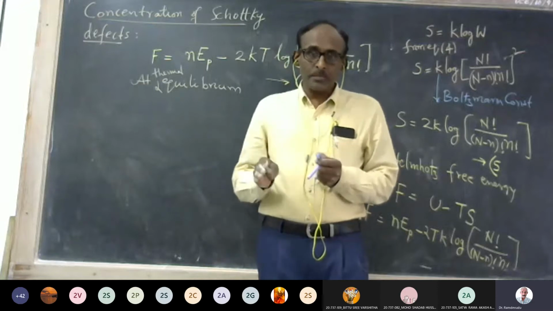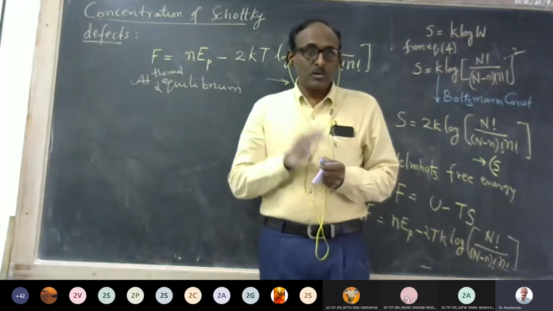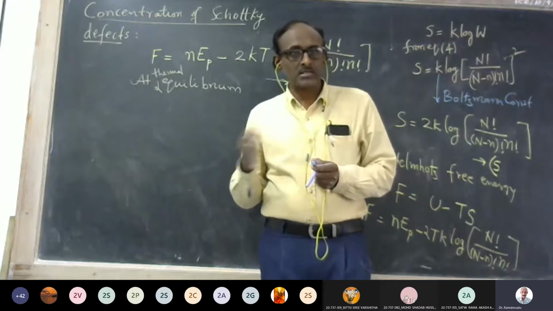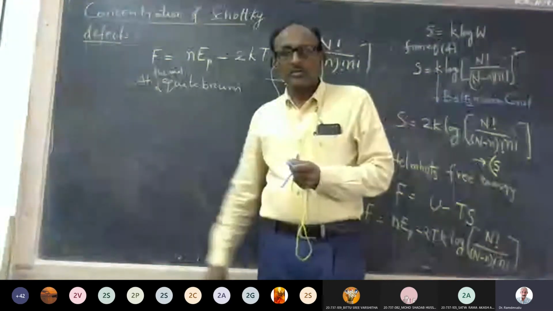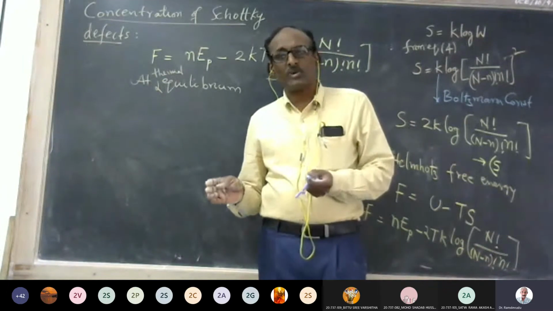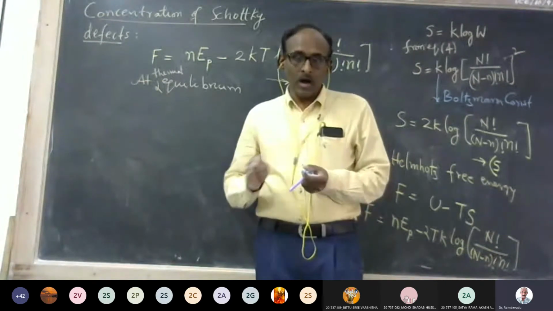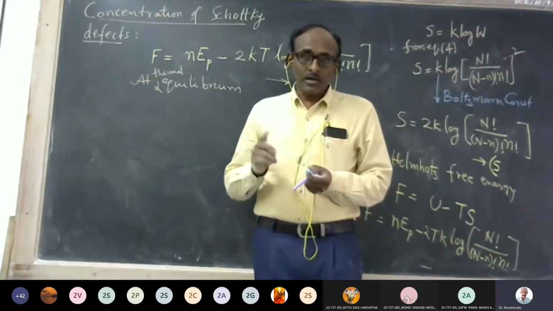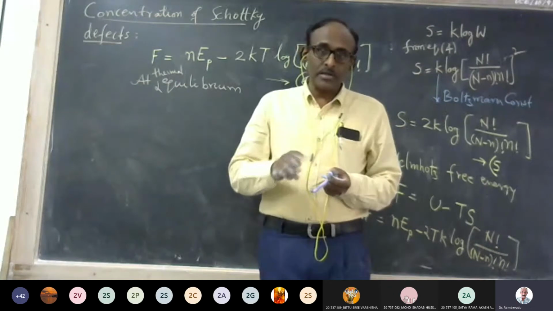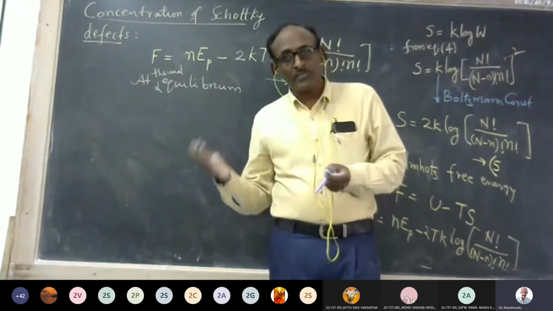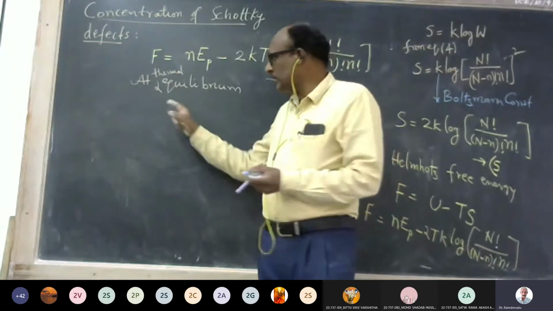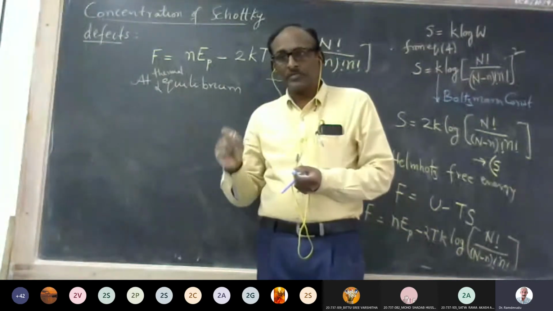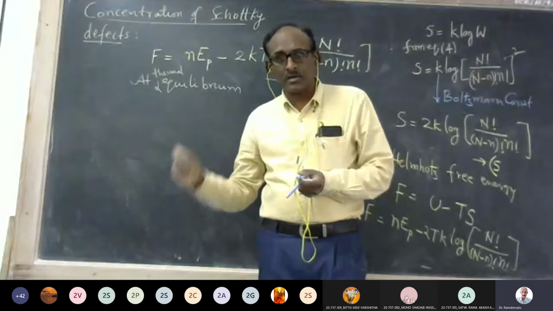But once you keep the temperature constant, no further energy is given externally to the material or crystal, therefore there will be no formation of new defects. Or already formed defects may be regained and one more defect may be formed. Hence, at thermal equilibrium, the number of defects in a crystal remains constant.